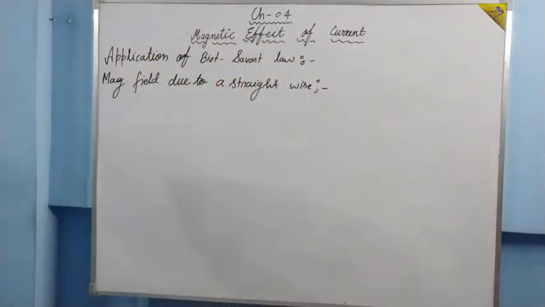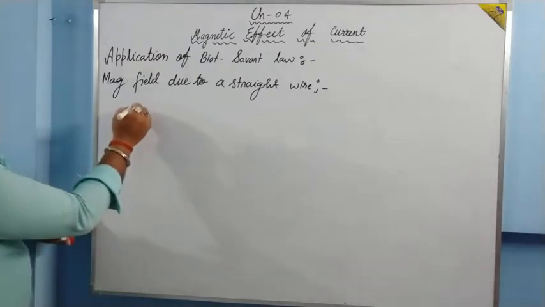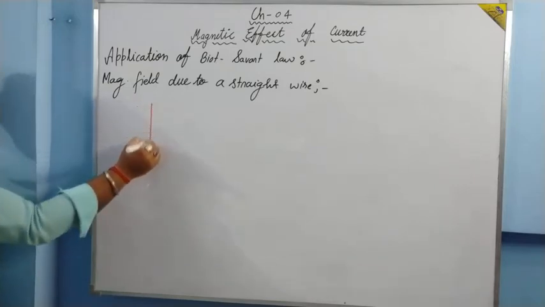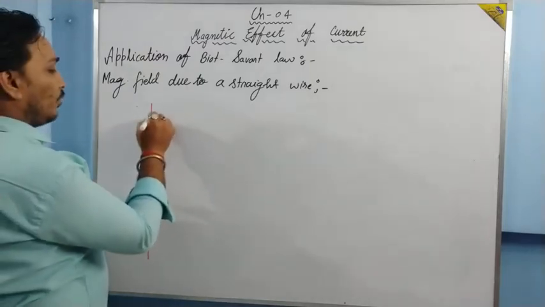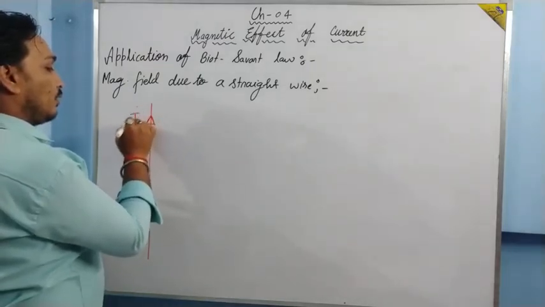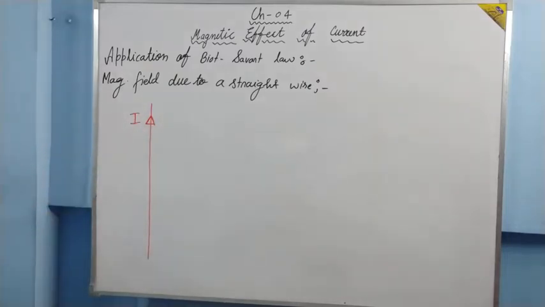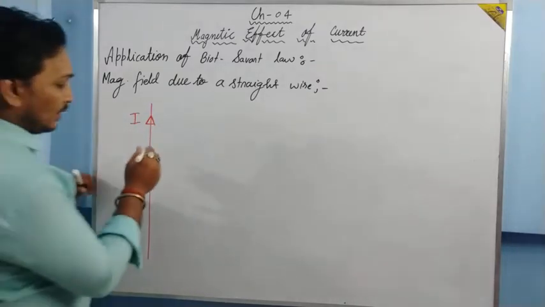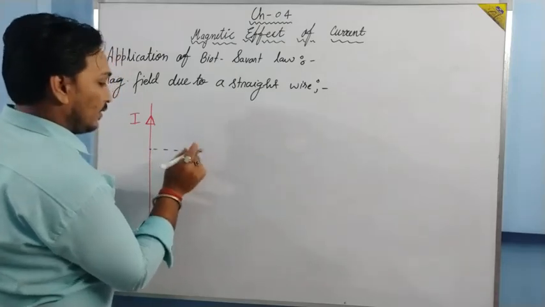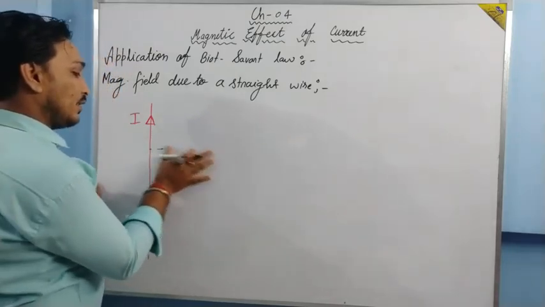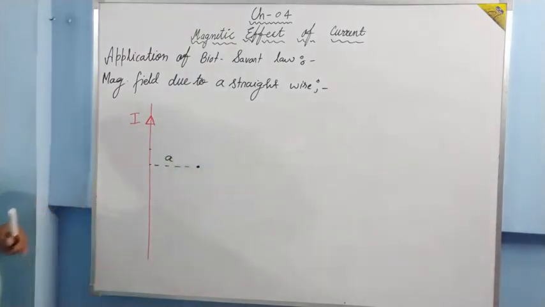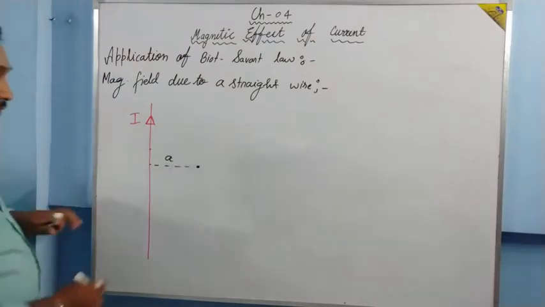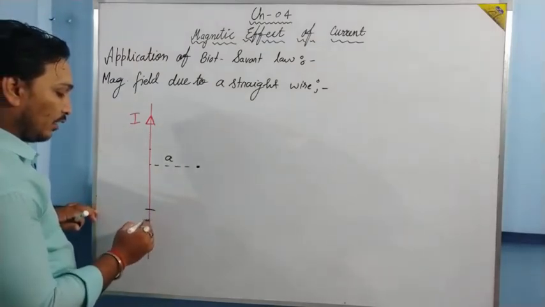So let this be the current carrying wire, which is straight. Okay, and the current flowing through the wire is capital I. From the wire at a distance a, we have to find what the magnetic field is. How can we do it? We'll take a current element over here.